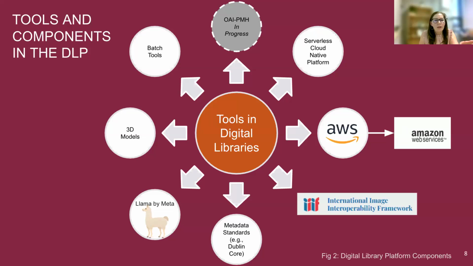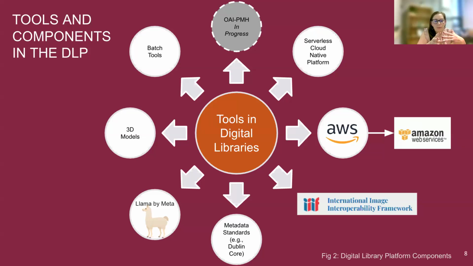So continuing through our diagram, let's talk a little bit about 3D models, which is another component or tool that we have in the DLP. So within the last couple of years, we started providing collections more in a 3D format. And we wanted to do this to increase user experience and engagement with our collections. For example, we had a collection with the entomology department where we provided 2D and 3D images for viewing purposes.